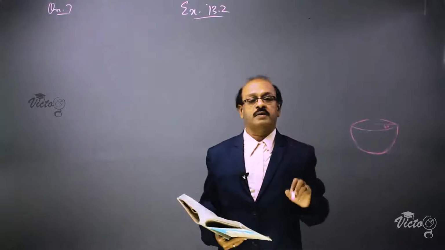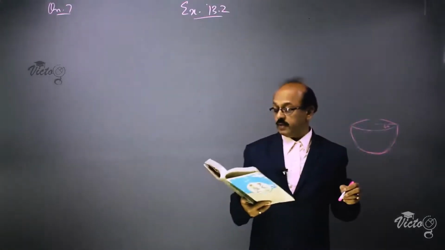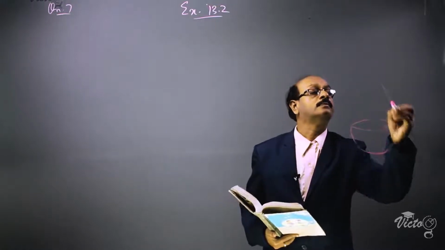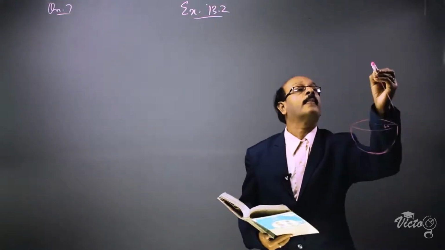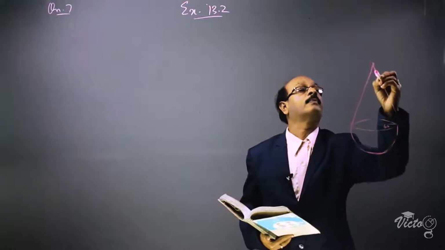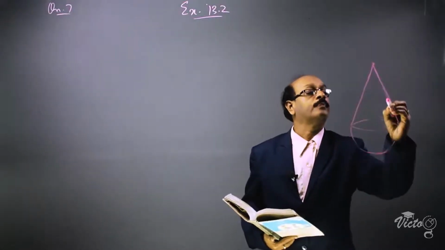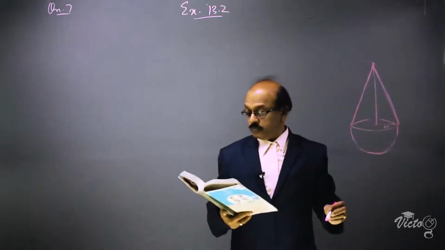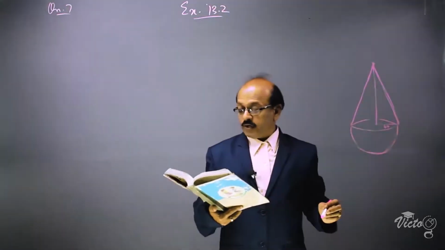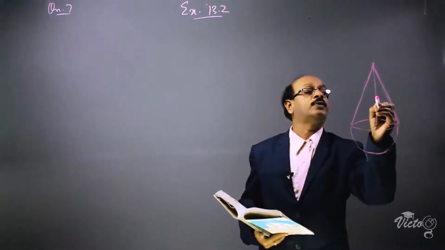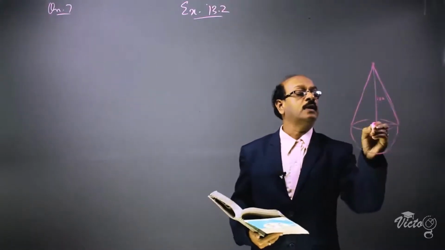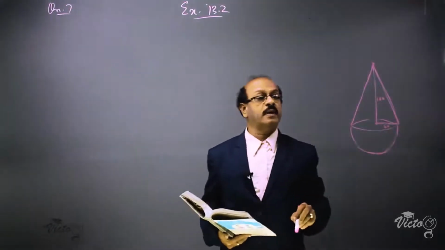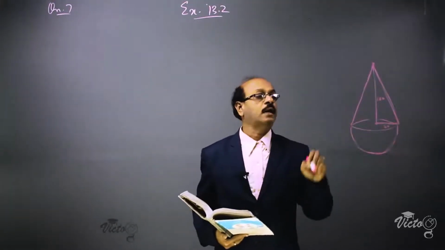And a cone is standing on this hemisphere, a vertical cone. Height is given to be 120 centimeter. This is the solid. Common radius is equal to 60 centimeter and height is 120 centimeter.